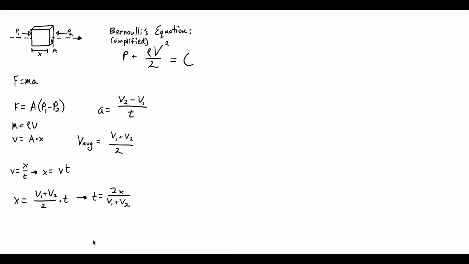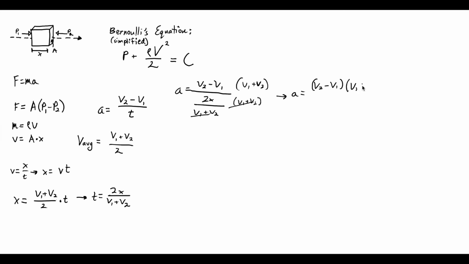So we have v2 minus v1 over 2x over v1 plus v2, and multiplying both by v1 plus v2, these cancel each other out, and we're left with acceleration equals v2 minus v1 times v1 plus v2 over 2x.